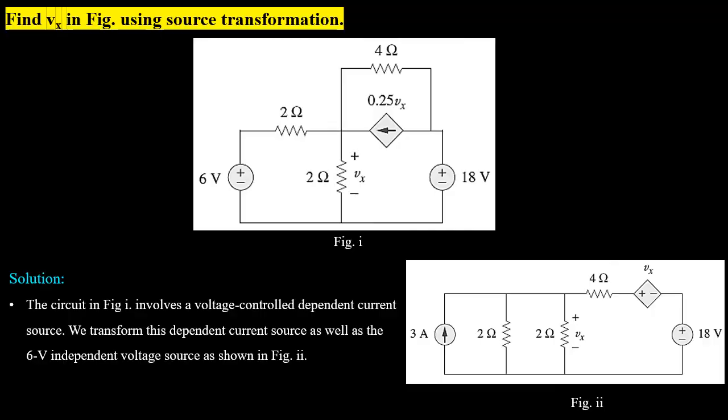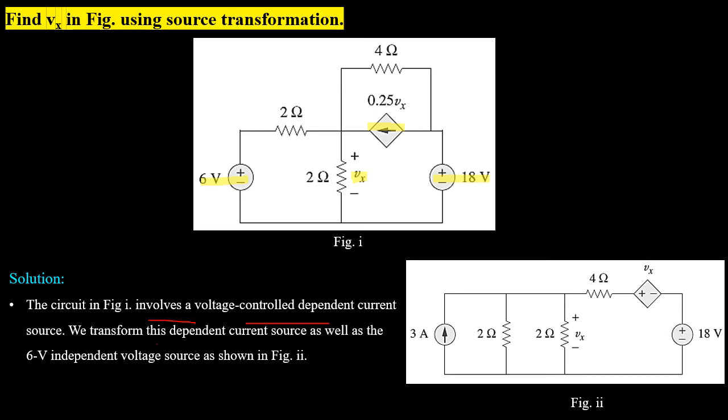In another example, for the circuit given in figure 1, you have to find voltage Vx with the help of source transformation. The given circuit has two independent voltage sources and one voltage controlled dependent current source. Along with the independent voltage sources, we will also transform the dependent current source.